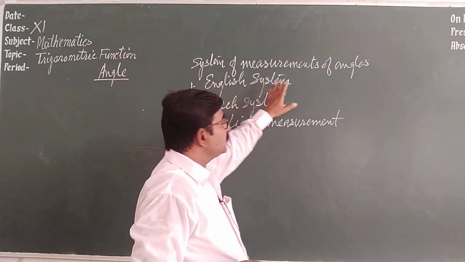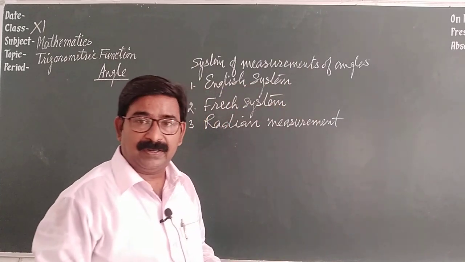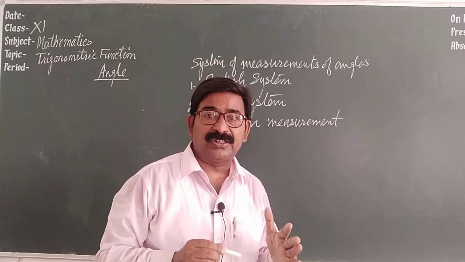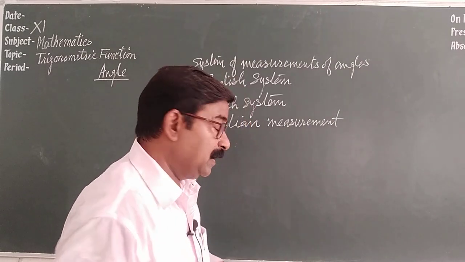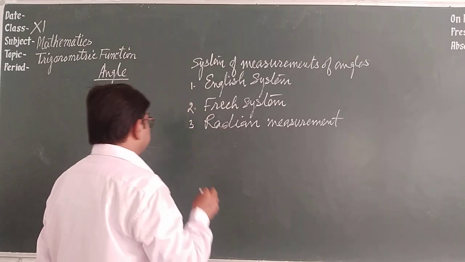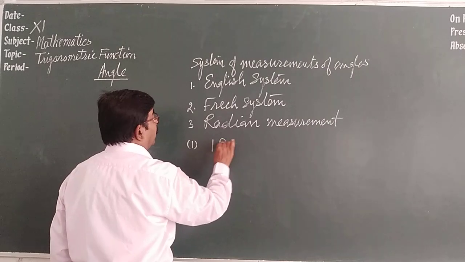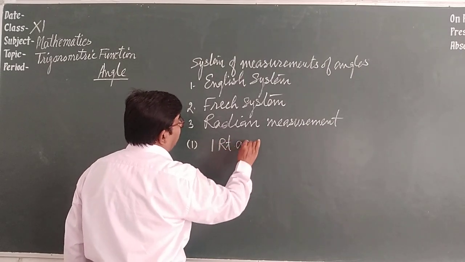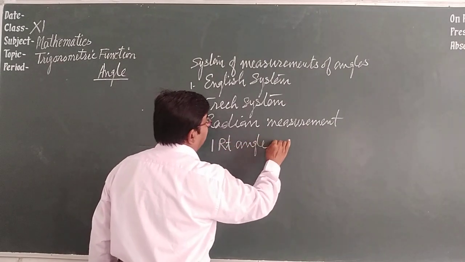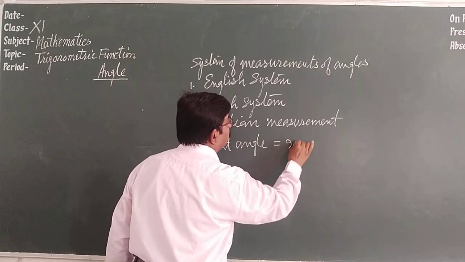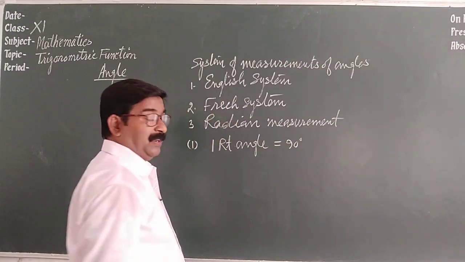So in case of English system of measurement, everyone knows the first one is one right angle is equal to 90 degree.